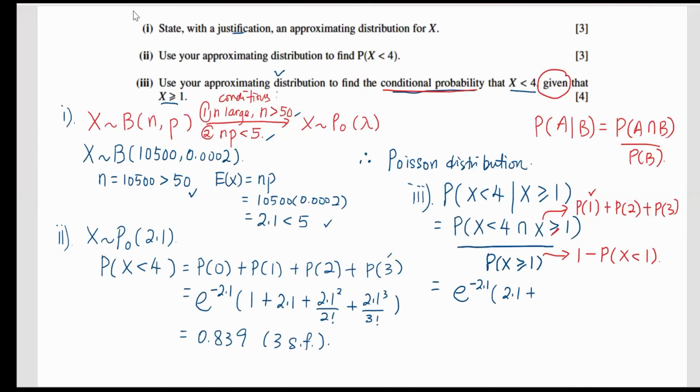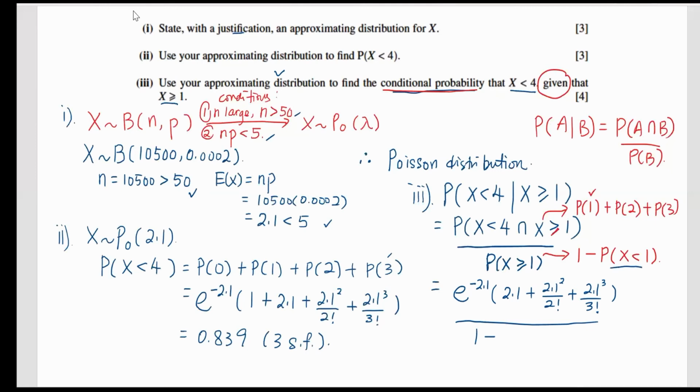Then when X is 2, 2.1 squared divided by 2 factorial, and so on, 2.1 to the power 3 divided by 3 factorial. And divided by 1 minus the probability that X is less than 1.